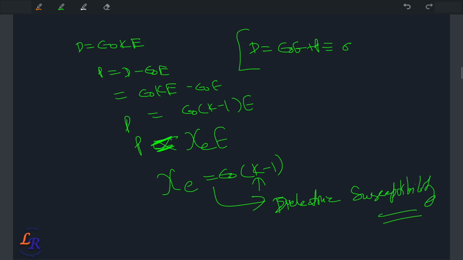This is additional info that you may utilize, to show how the free charge and bound charge together modify the equation from E to D, and how the dielectric susceptibility and the dielectric constant can be related, and the concept of polarization can be clubbed with the dielectric medium, and that can be utilized in your capacitance estimation.